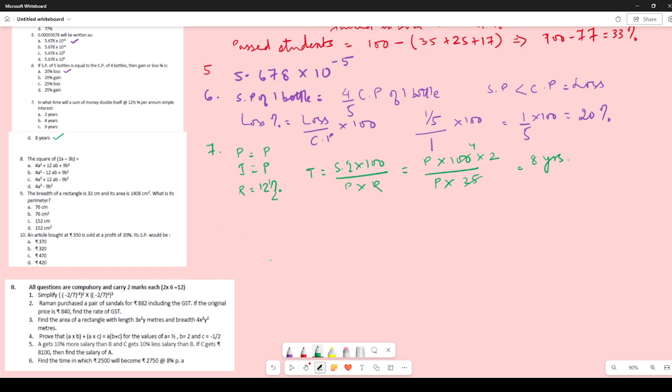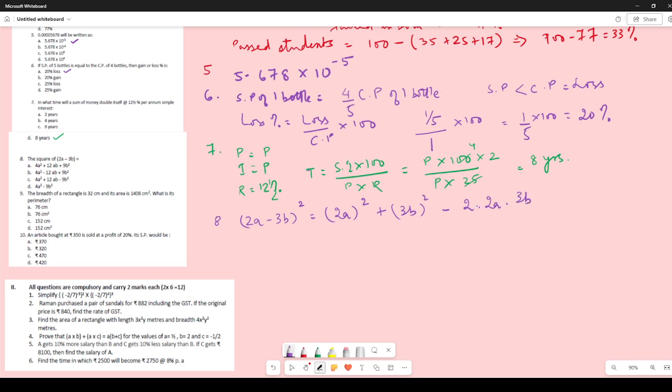Now let us check out question number 8. The square of 2a minus 3b, that is, 2a minus 3b whole square, is equal to what? Now a minus b whole square is equal to a square plus b square minus 2 into a into b.